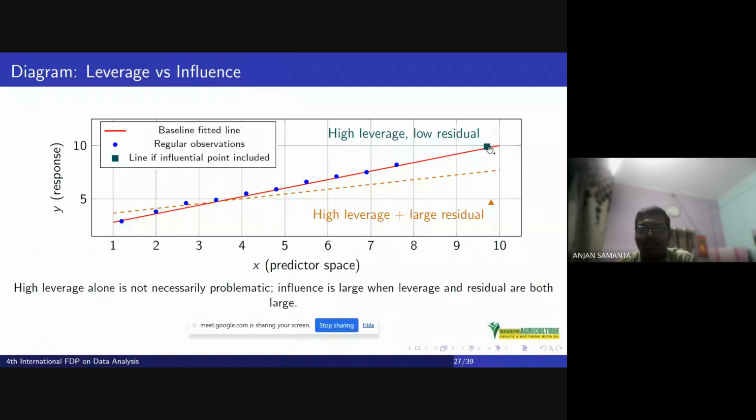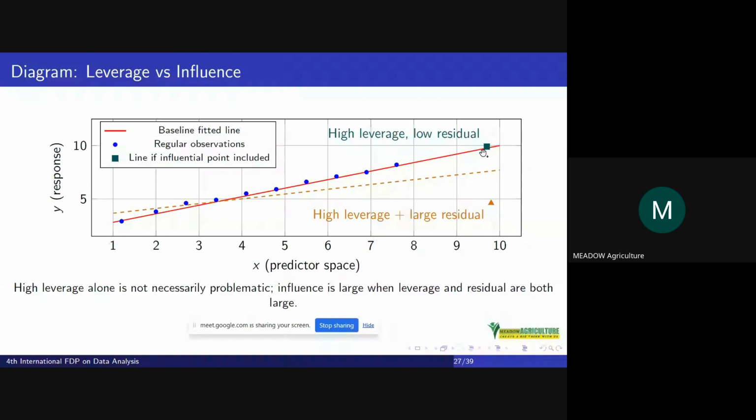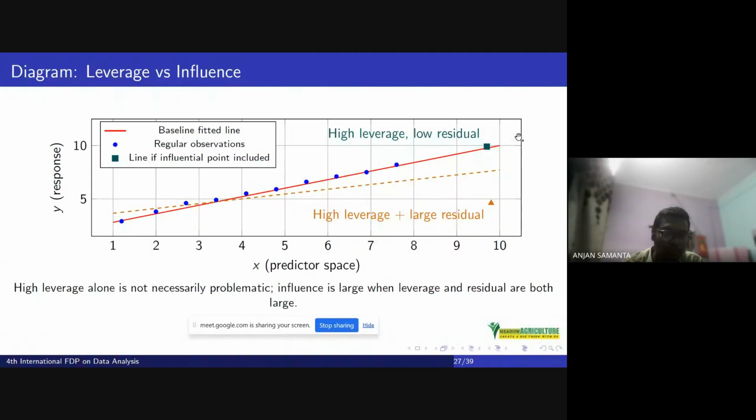If this point is lying here, is it affecting the model? My answer is no, because even if this point is situated over here, any question? Hello? If the point is lying over here also, the regression will still work because it is lying on the line, so it is not affecting the regression.